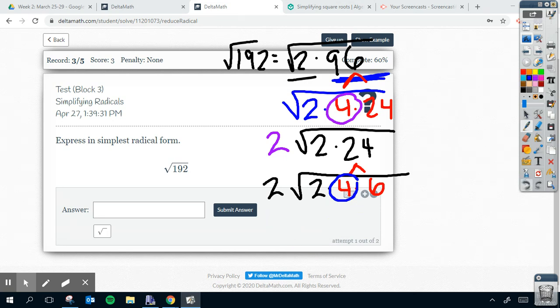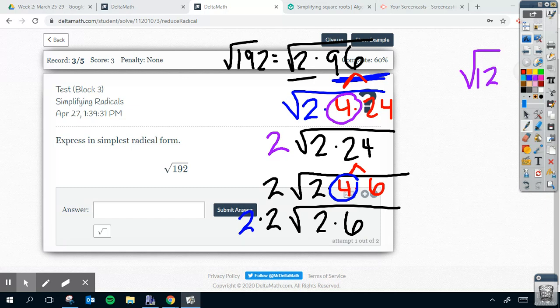The square root of 4 is 2, so I'm going to add another 2 to the outside of the radical. I drop down everything else. I have 2 times 6 left over here, and I can simplify this. 2 times 6 is 12. So under my radical, I have 12. And I can simplify this right here too. 2 times 2 is 4.